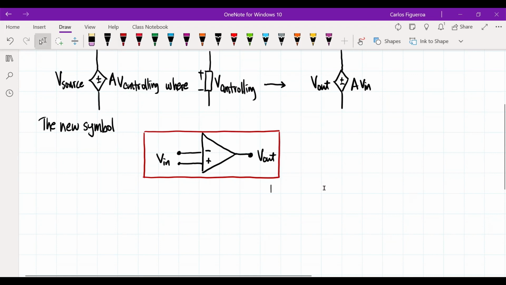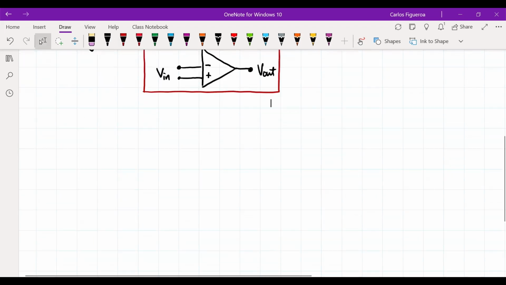So what we need to do here is talk about language. So let's look at the nomenclature. I'm going to have a long wire because I want to separate it from V2.